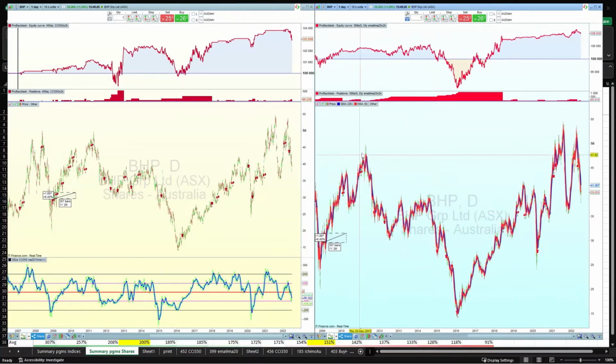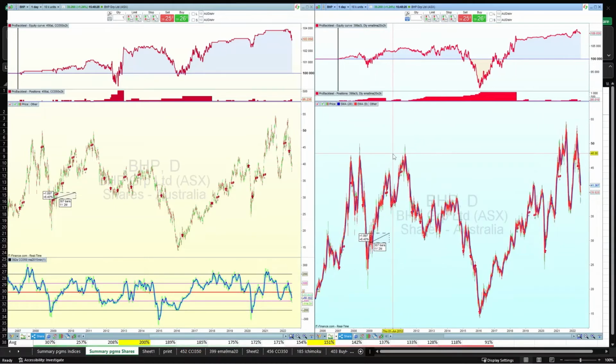You'll notice you would have been in since 2007, opening back here around 2011. You would have held that for quite a few years. The EMA9 versus moving average 20 strategy versus the CCI350. In other words, there's more exposure to a downside on the moving average strategy versus the CCI350 strategy.